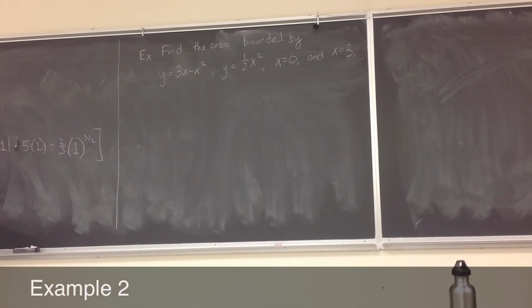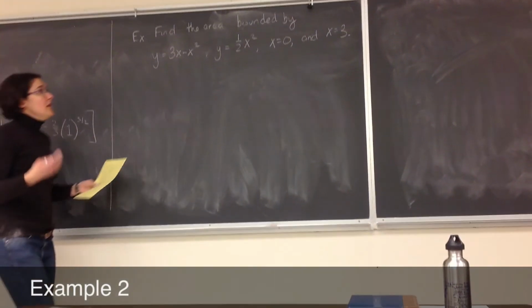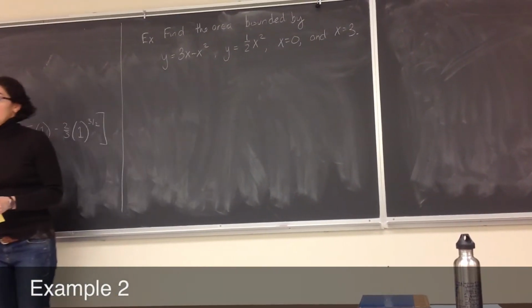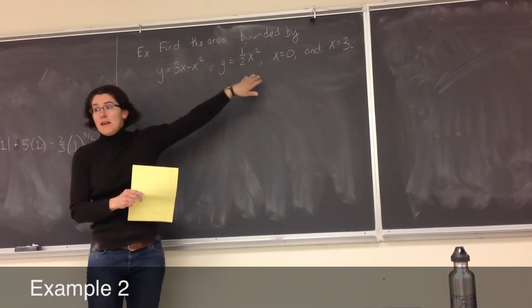Okay, so the very first thing once you write the problem down is to say, okay, what the heck does this thing look like? Which means that you want to graph y equals 3x minus x squared, and you want to graph y equals 1/2 x squared.